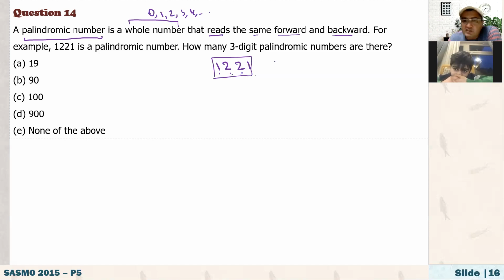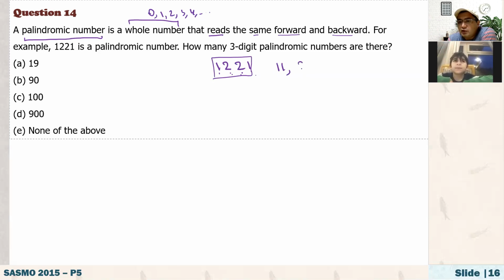For example, can you tell me some 2-digit palindromic numbers? For example, 11. Is it a palindromic number? Yes, read from left or right.